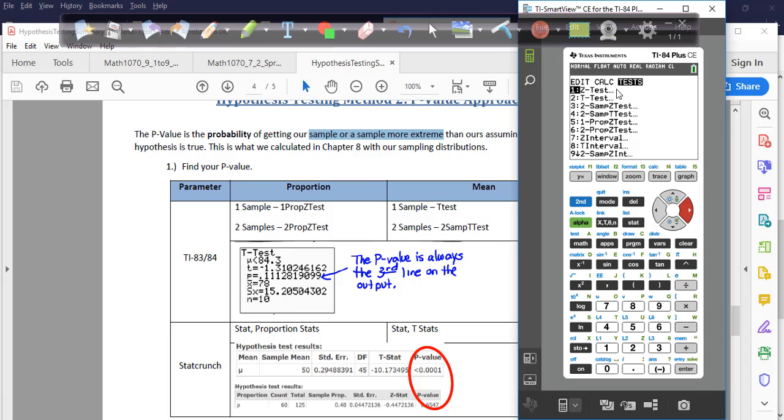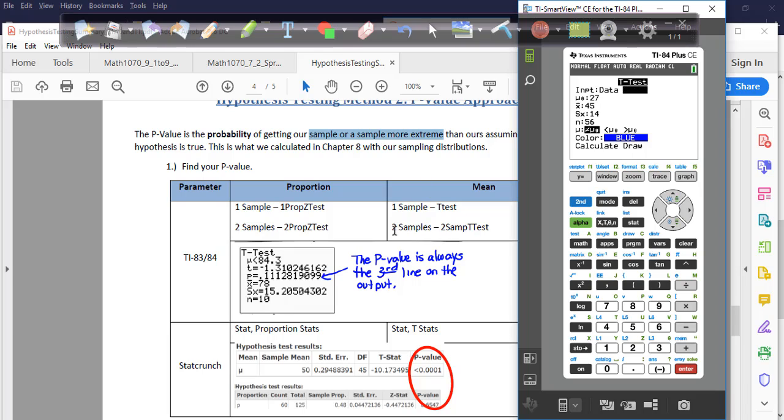Z-test we never use in this course. Z-test is if you know the population standard deviation, if you know what sigma is. In our course, we never know what sigma is, so we never use this function. So we're only using t-test. With t-test, we know the sample standard deviation only.